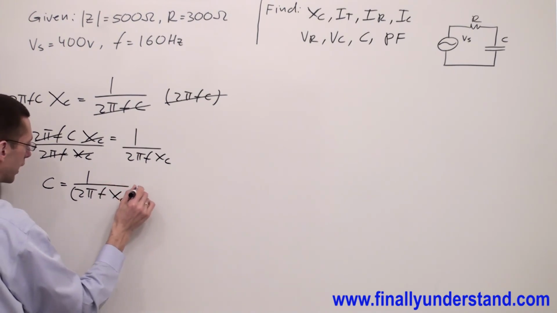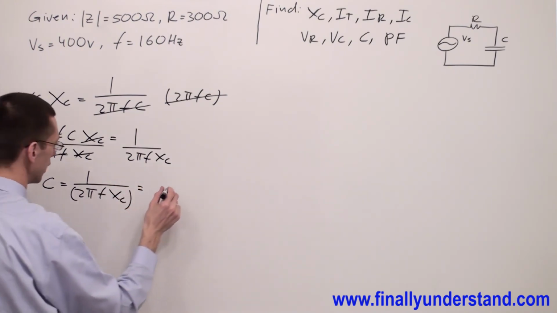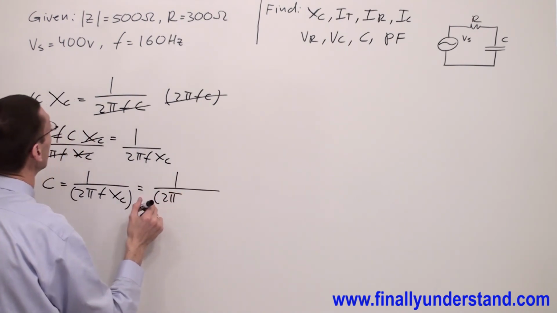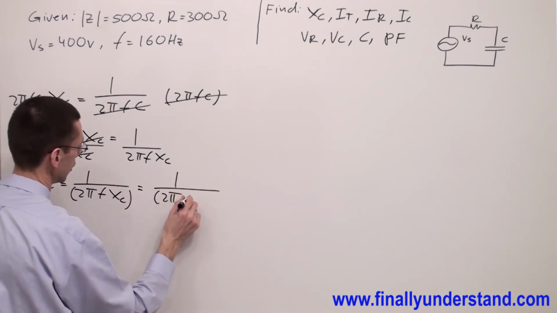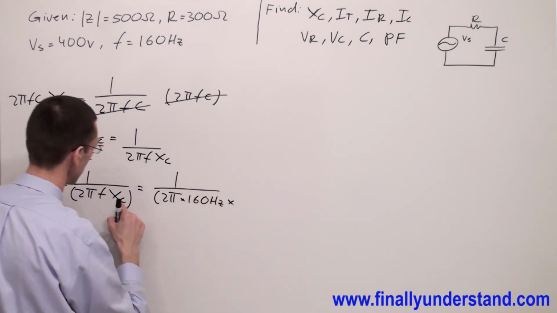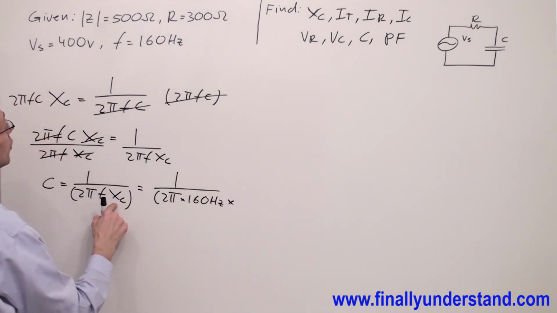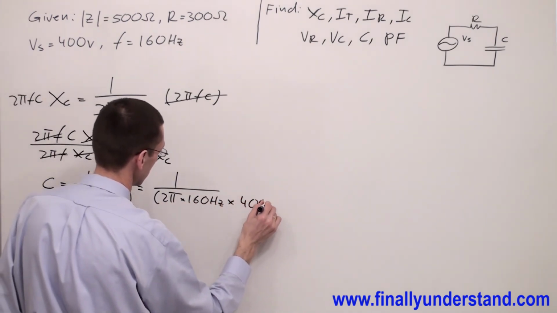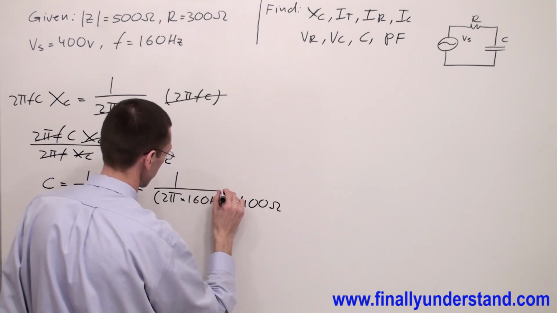Next, we're supposed to plug in the values, and we will have 1 over 2 pi, frequency is equal to 160 Hertz, times XC, which is equal to 400 ohms. We've found it.